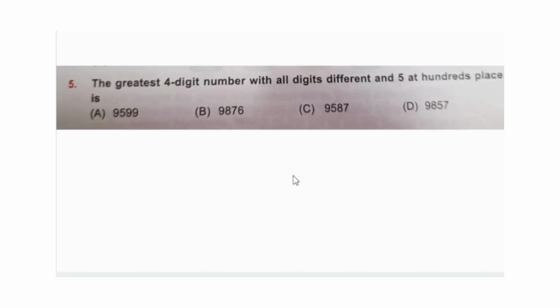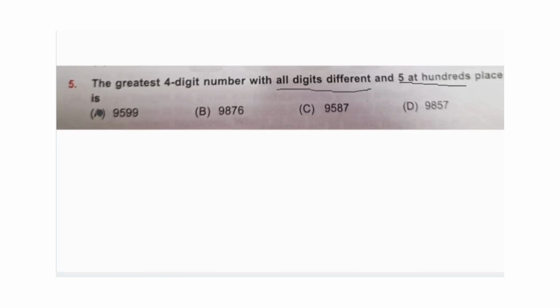Look at question number 5 of number sense. The question is: the greatest 4-digit number with all digits different and 5 at the hundreds place. So if you see the question, there are two conditions. First, all digits have to be different, and 5 should be in the hundreds place.